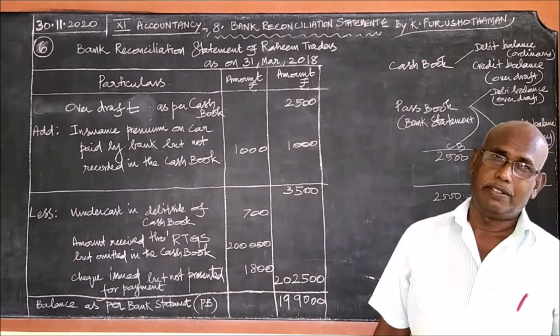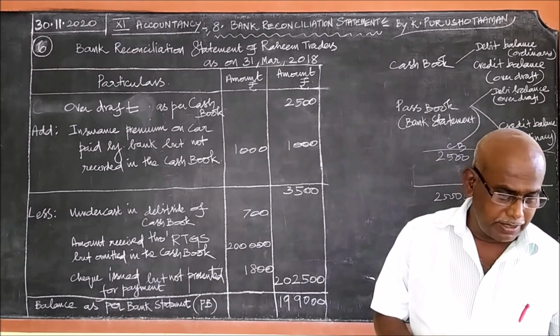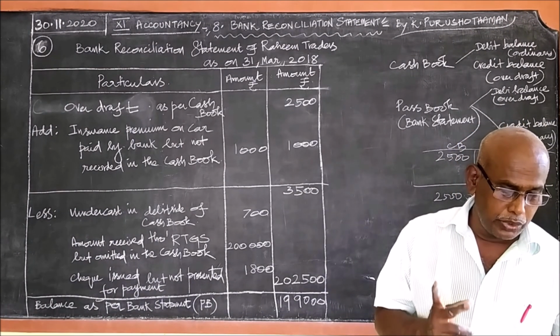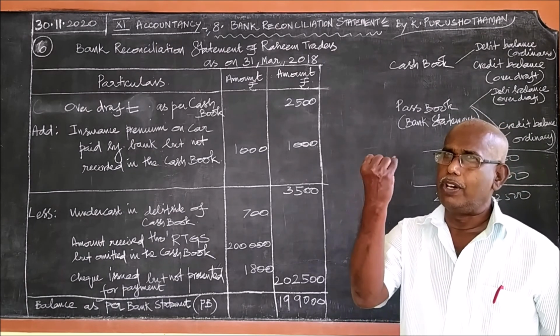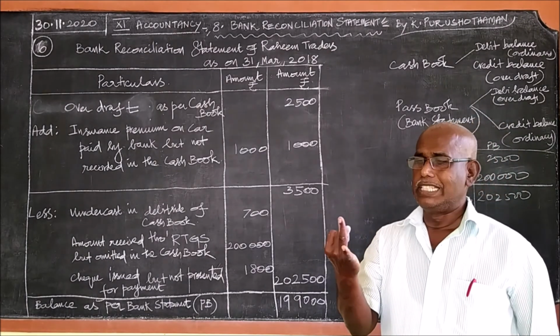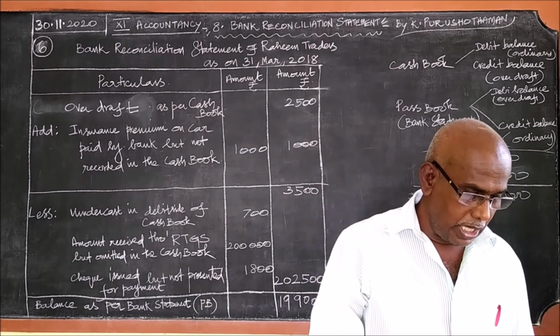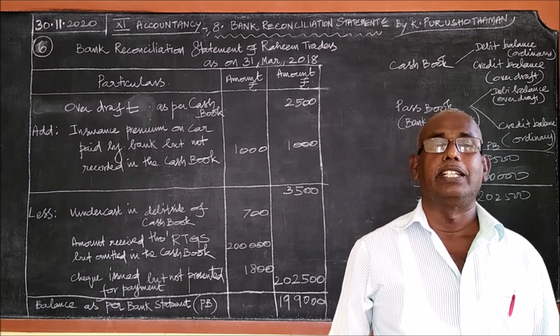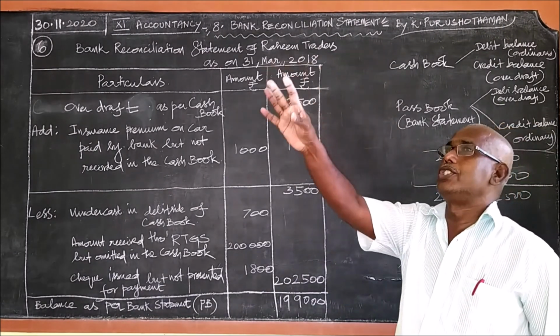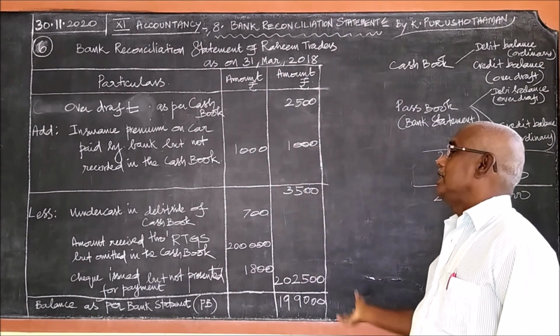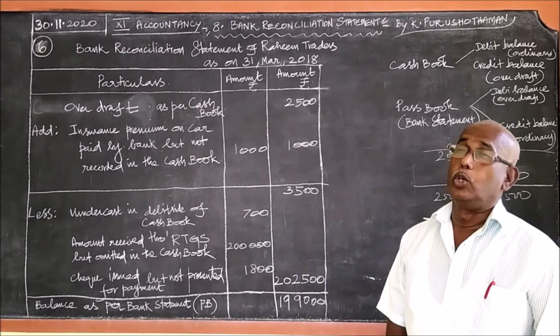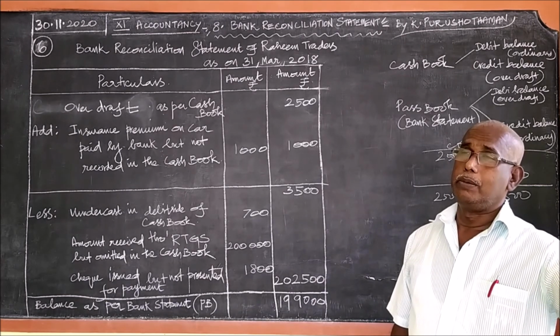So here, 2 checks issued, one check for 1,800, the second check for 2,000. Out of these two, only the second check is presented. The 2,000 check is presented, but what is not presented? Only the 1,800 check is not presented.